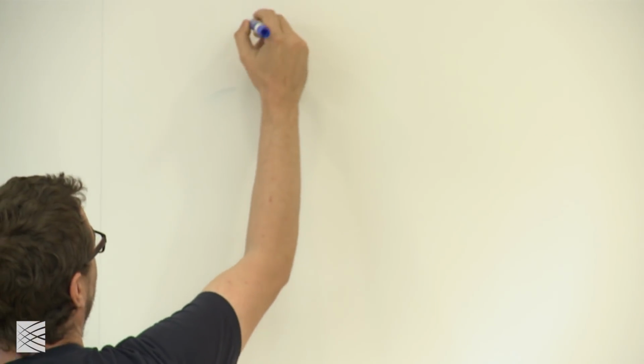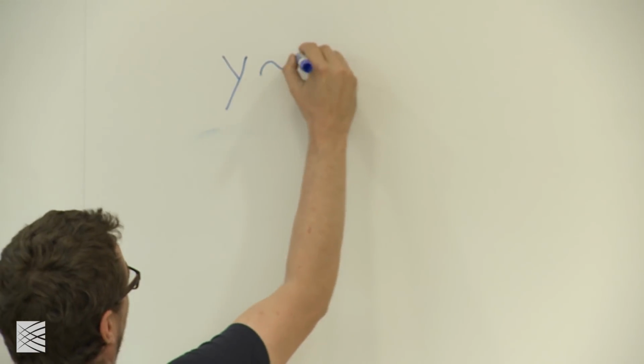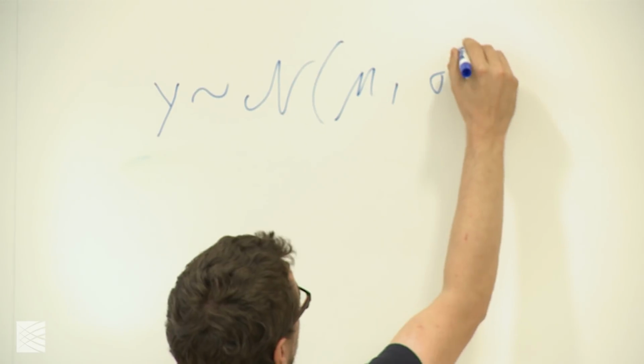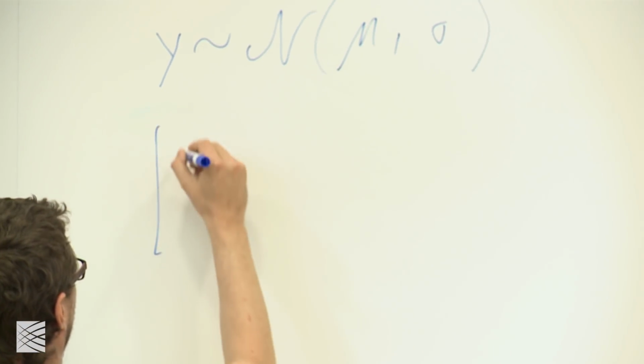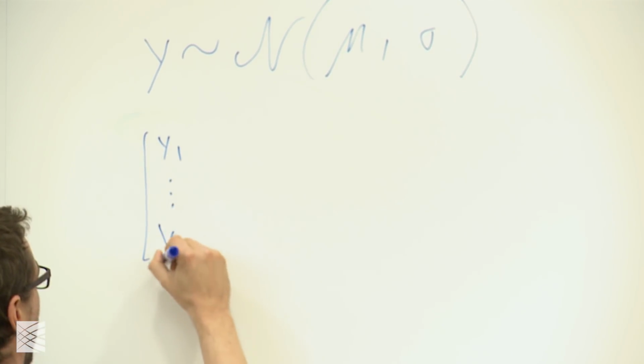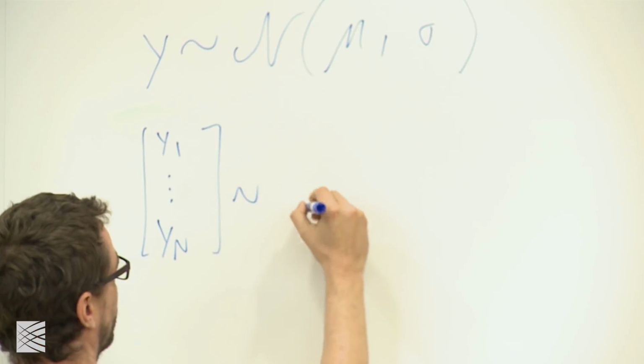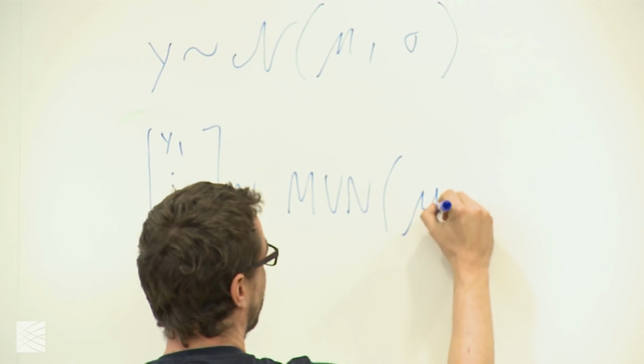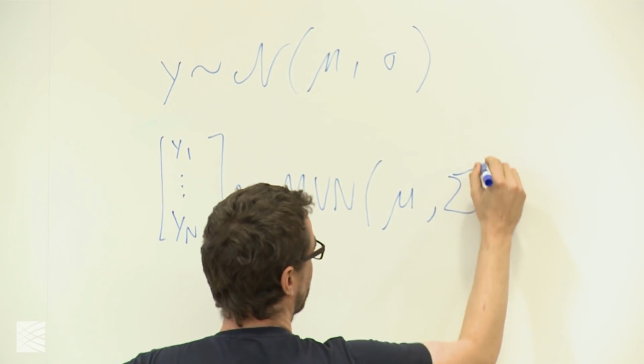In a typical one-dimensional Gaussian distribution, you might have y normal of some mean and standard deviation. In higher dimensions, you might have a vector of y1 through yn distributed, and we might write it as multivariate normal with again some mean vector and now some covariance matrix.